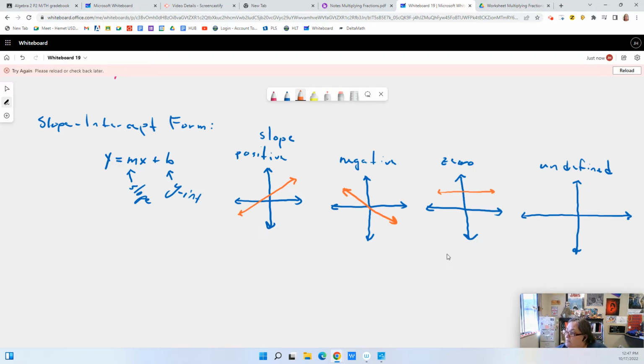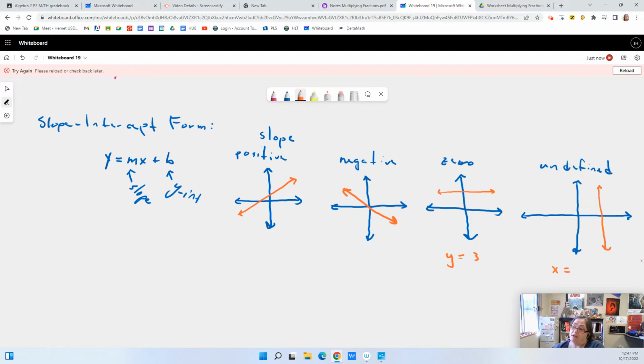It usually shows up in an equation as y equals, with no x value, like y equals 3. An undefined slope is a vertical line, straight up and down. That would look like x equals some number, because your y value would have dropped out. Those are your different slopes.